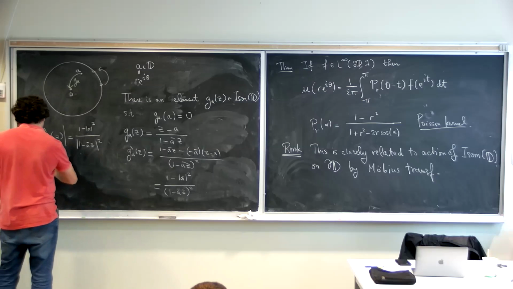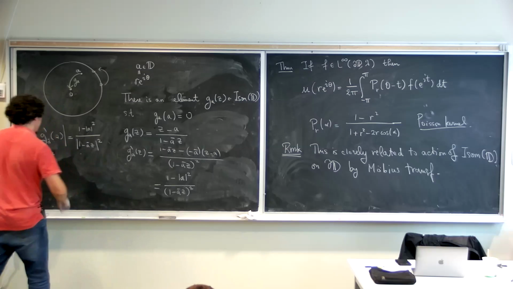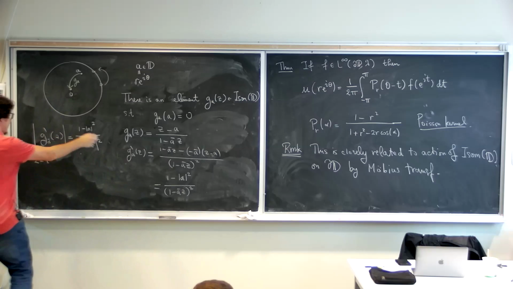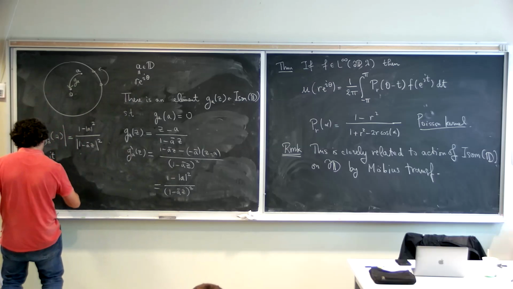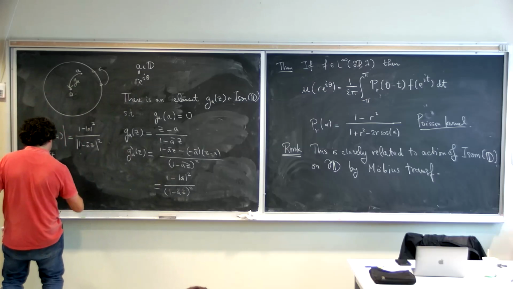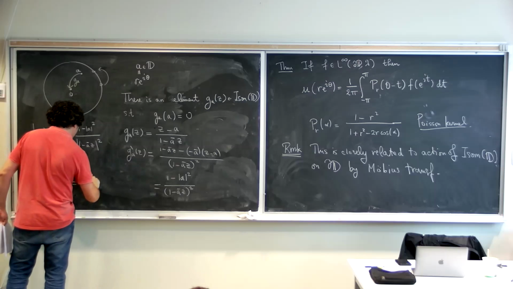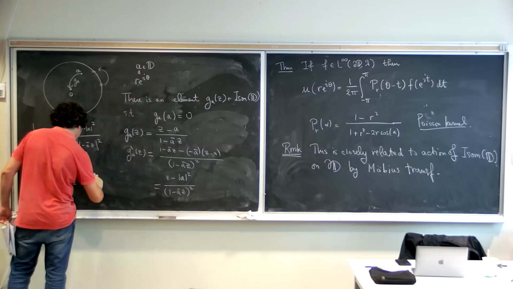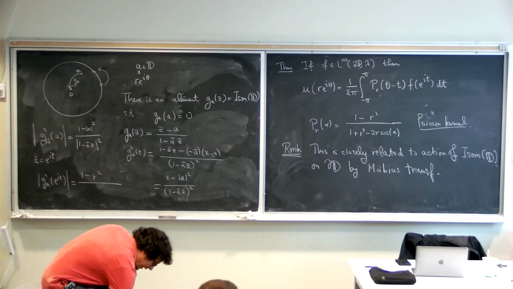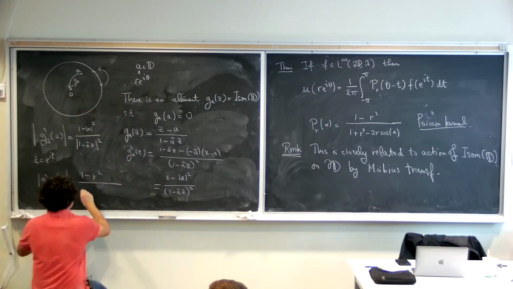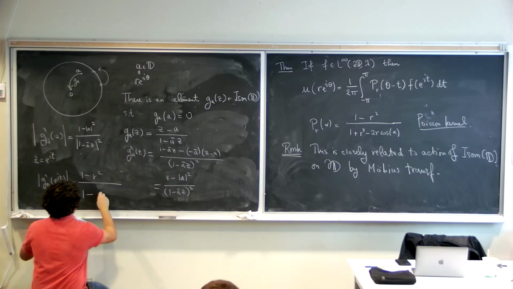So if z is e to the it, and A is r e to the i theta, the norm of g_A prime of e to the it is 1 minus r squared over the norm of 1 minus A bar z, which is |1 minus r e to the i(t minus theta)|.